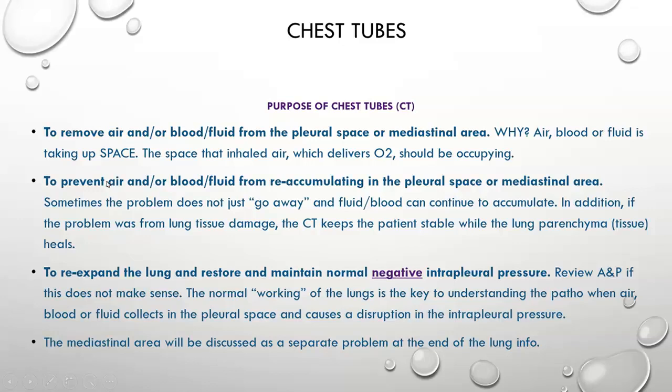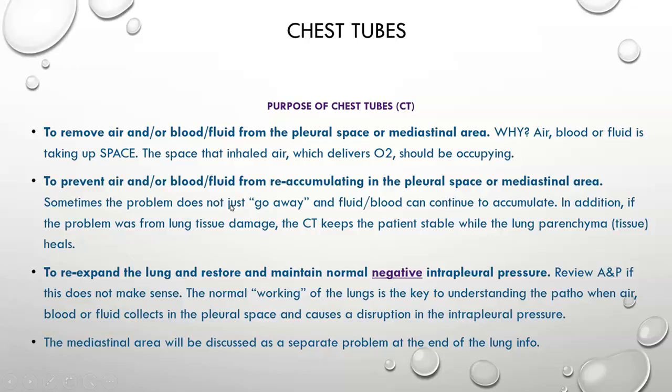And then a chest tube is put in also because just because a patient gets a pneumothorax or a hemothorax, or collects blood or fluid or air in that space, doesn't mean that it's going to be a one and done thing. No, the problem can remain with the patient. And so we have to get rid of it and keep it away.